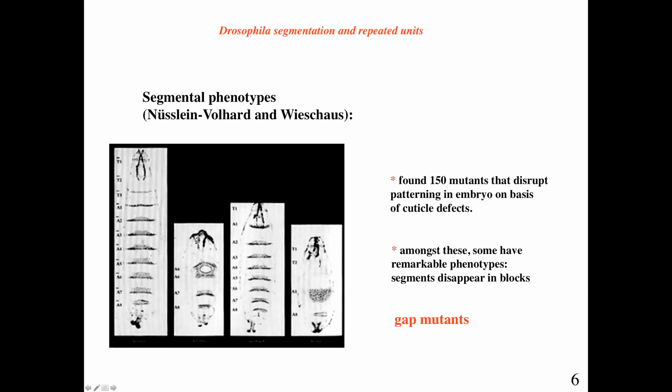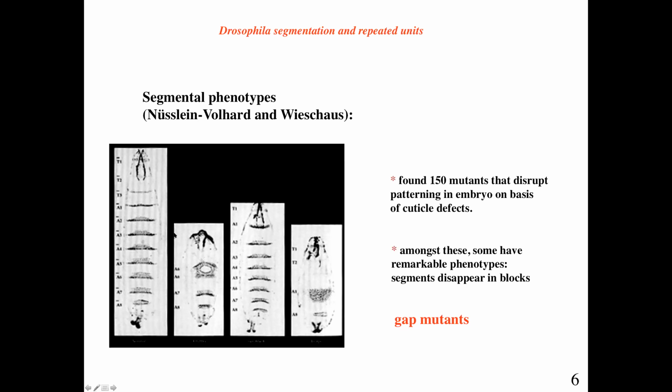So this particular mutant contributes from T3 all the way to A6. Whereas this particular gene contributes from T2 to T3.